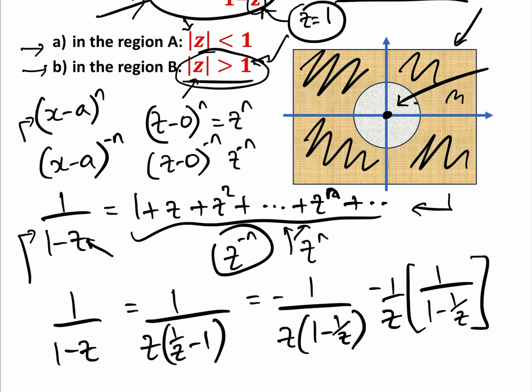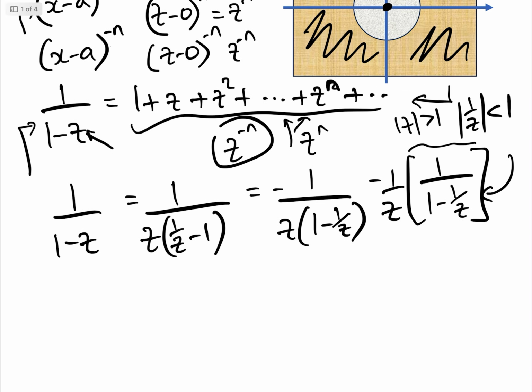Now, for the region mod z greater than 1, mod 1 over z by definition is less than 1, which means that we can now expand this bit by the geometric series, because we know that it will converge. That's actually quite a common trick that we see fairly often in Laurent series.